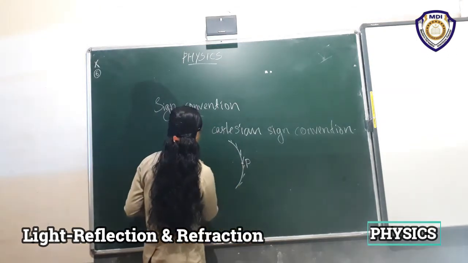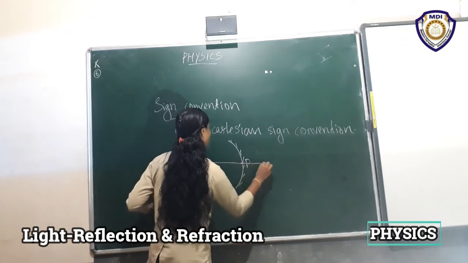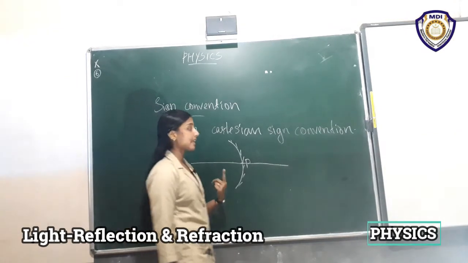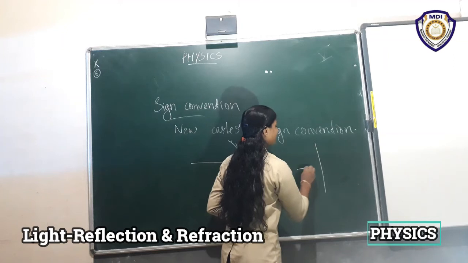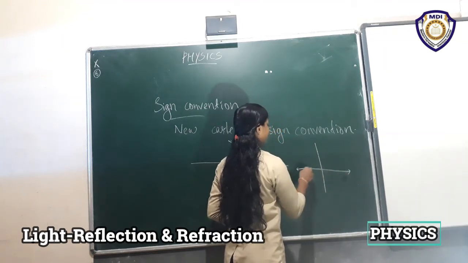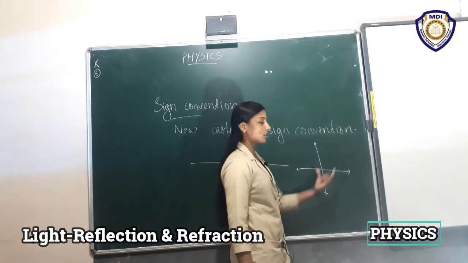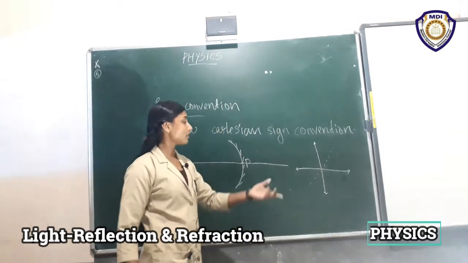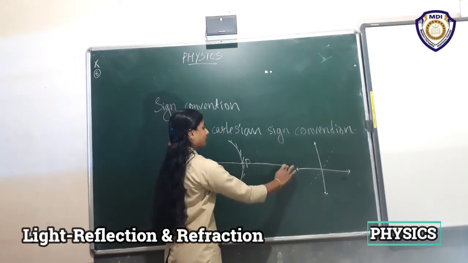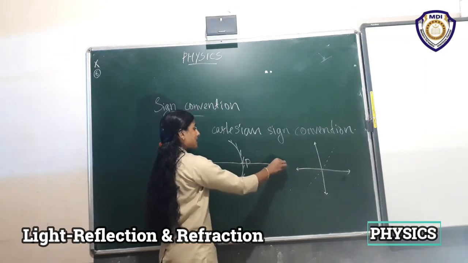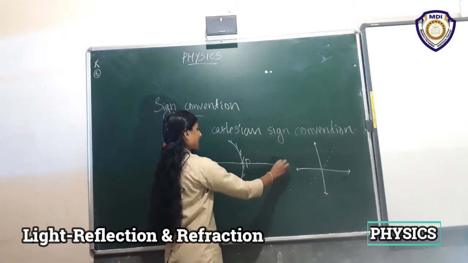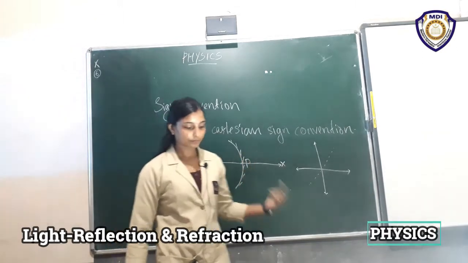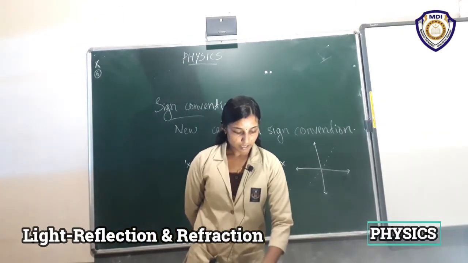And the principal axis that passes through the pole is taken as the X-axis. Our Cartesian coordinates have the X-axis as well as the Y-axis, and also a Z-axis, which you will study more later, right? So this principal axis is taken as the X-axis, X dash.